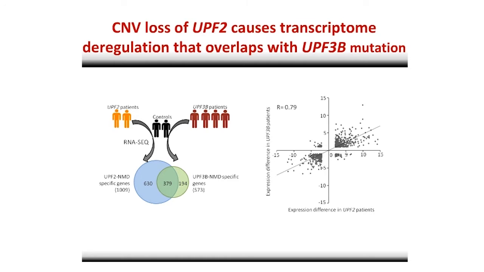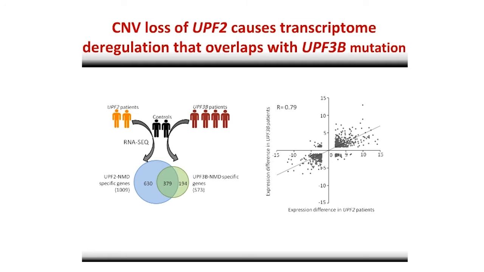So when we compared the deregulated genes, there was a reasonably large overlap of 379 genes that were significantly deregulated by twofold that were shared between both of these groups of people. But perhaps more convincing, if we look at the figure on the right, is that the trend of deregulation in both these groups was the same.